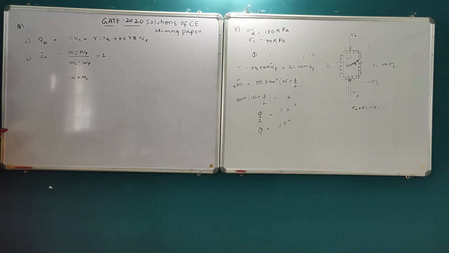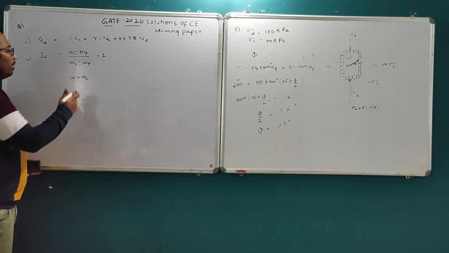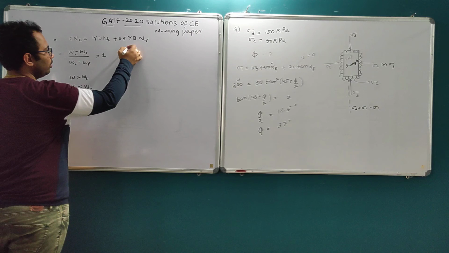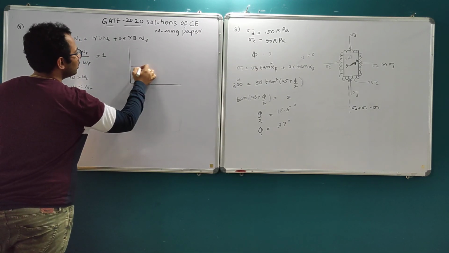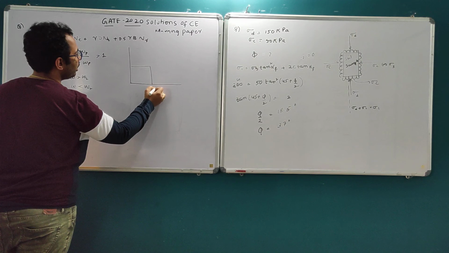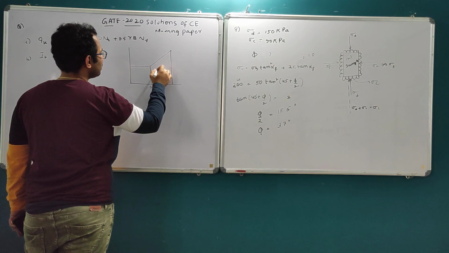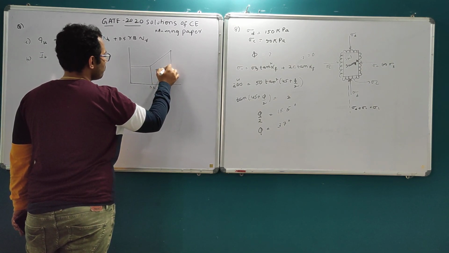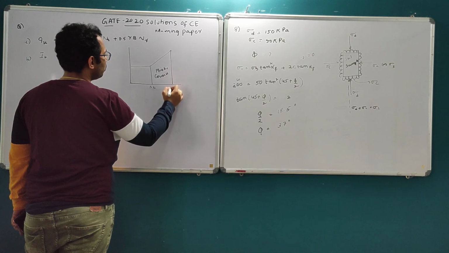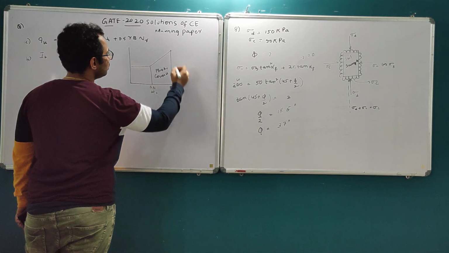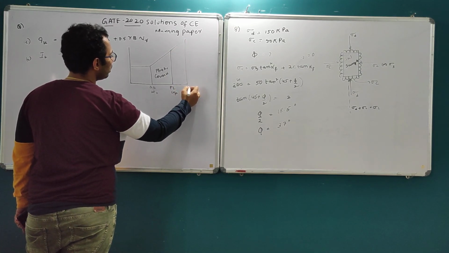Now if W is greater than WL, then it is in liquid consistency, not in plastic consistency. When W is less than WL, then if this is the shrinkage limit and the water content increases, this is plastic consistency up to the plastic limit. When the water is beyond the plastic limit, then it is liquid limit.